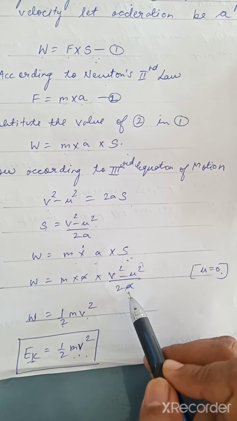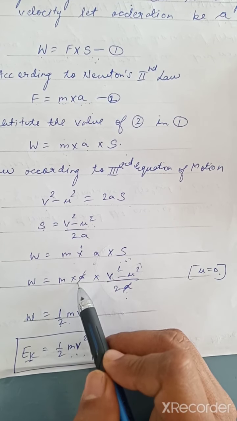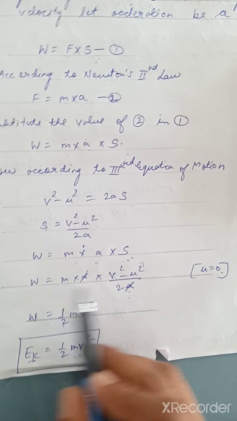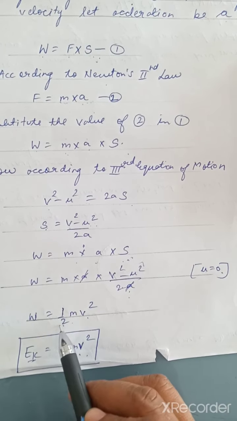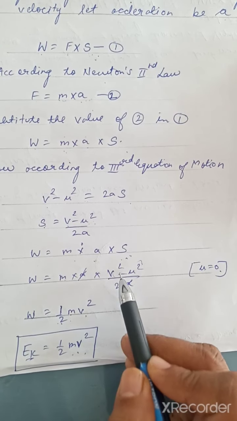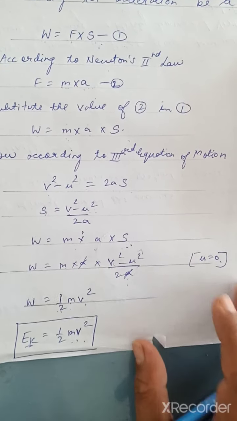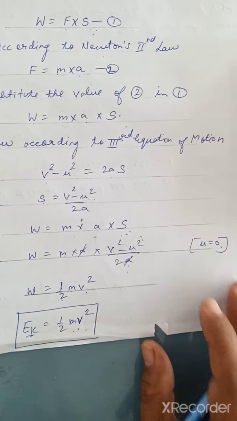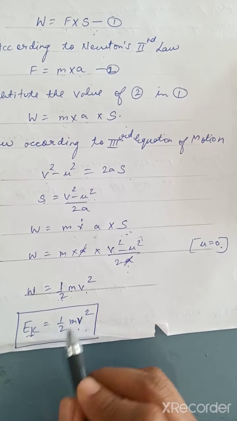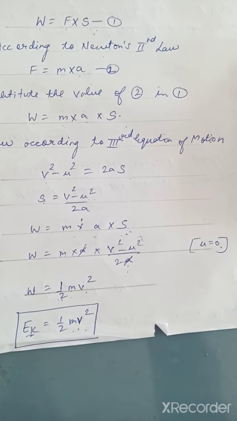When you substitute this value, the a cancels off, and writing 1 by 2, m and v square as it is, in the last step you get the formula of the kinetic energy, half into m into v square.